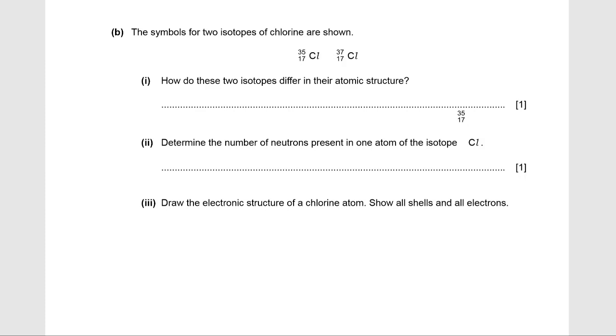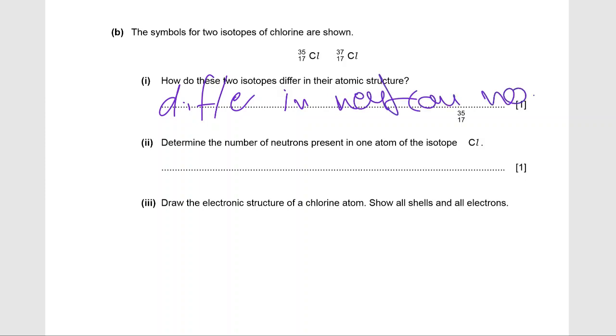They differ only in neutron number. This should be written like this, 35, 17.